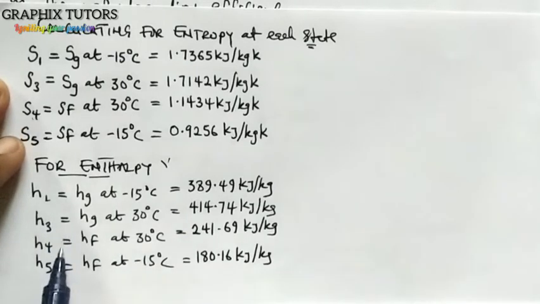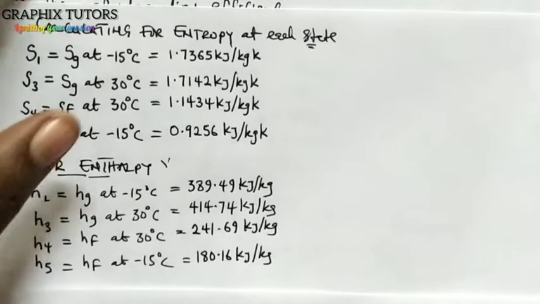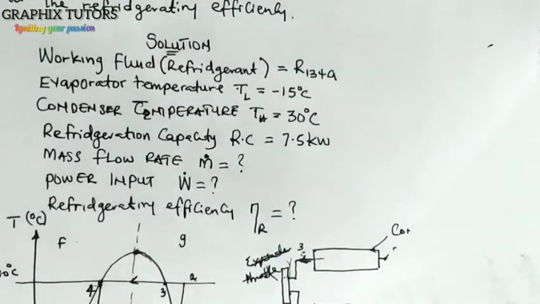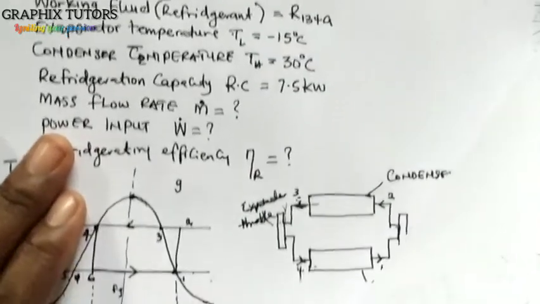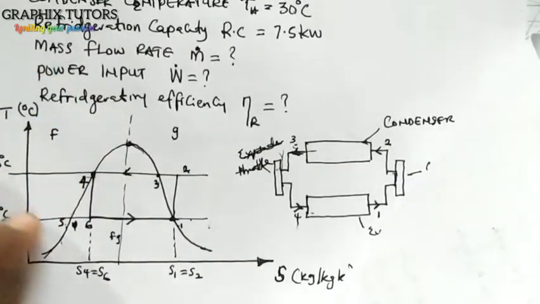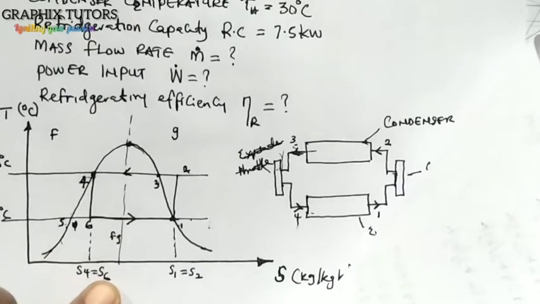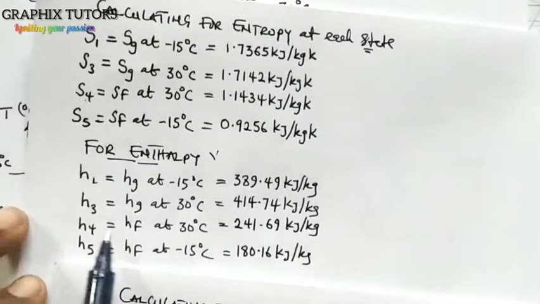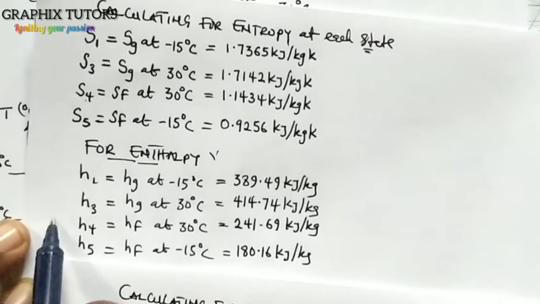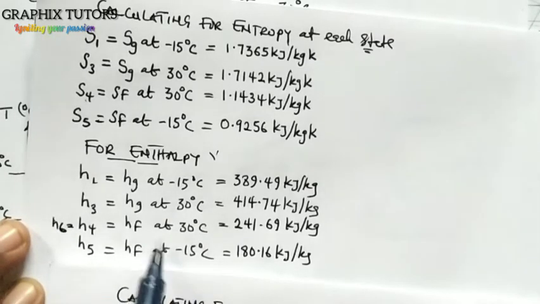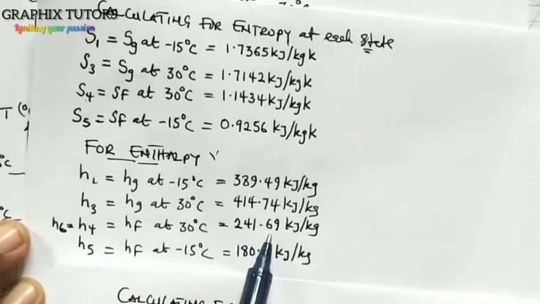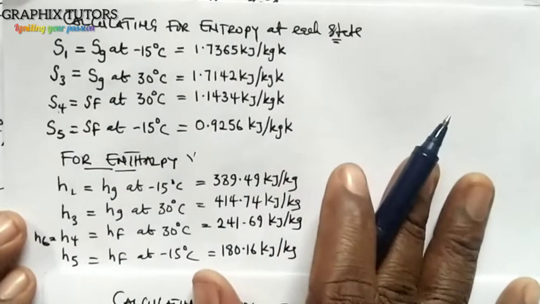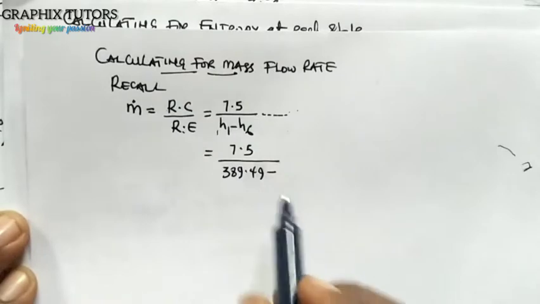Can you see there's no H6? But we know that since my S4 is equals to S6, so H4 is also equals to what? H6. So that means my H6 here is equals to what? H4. So what do we have there? That is 241.69. So we are going to write it there.